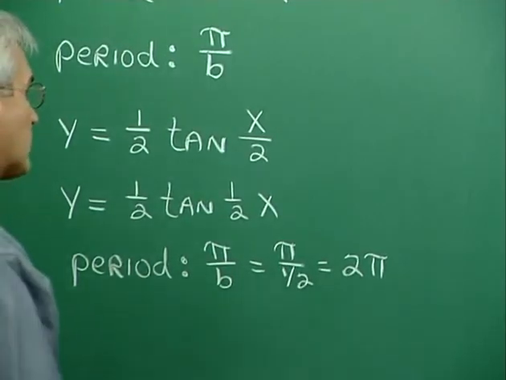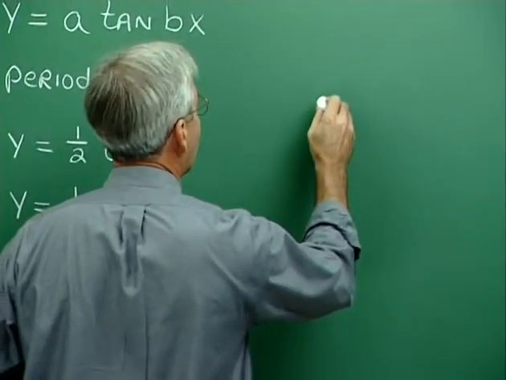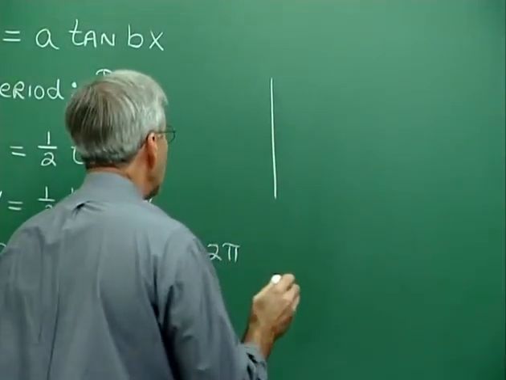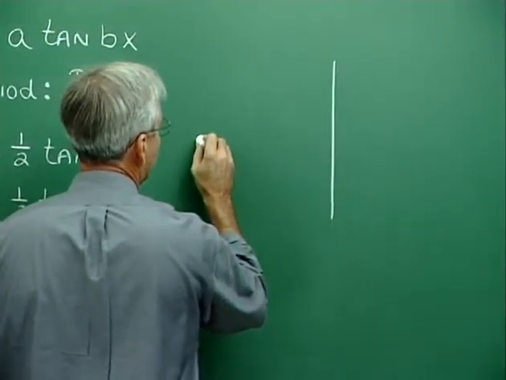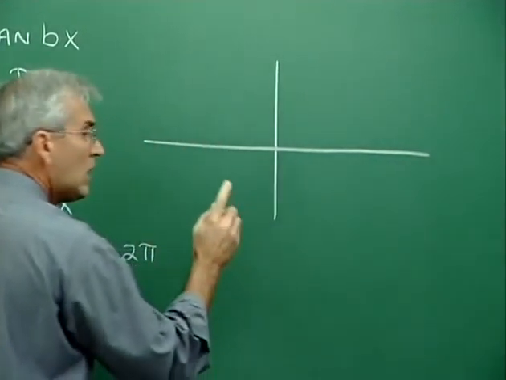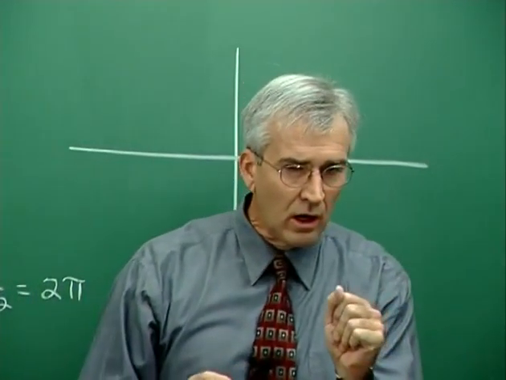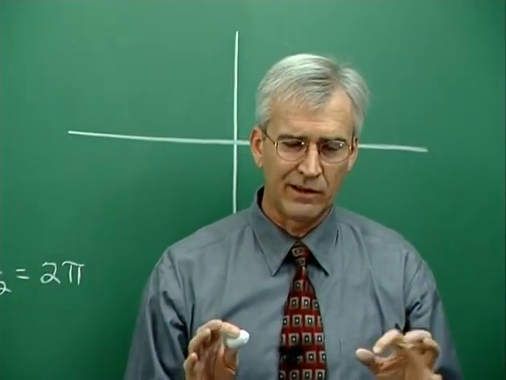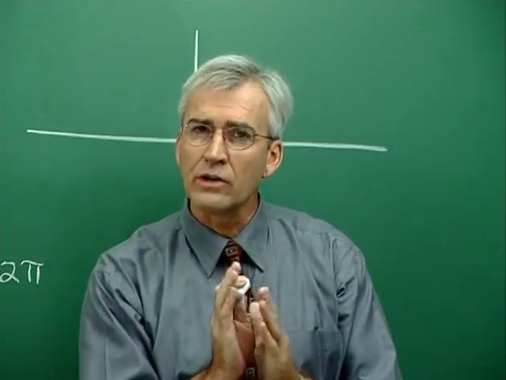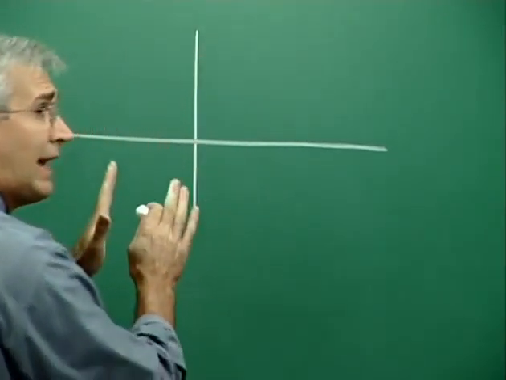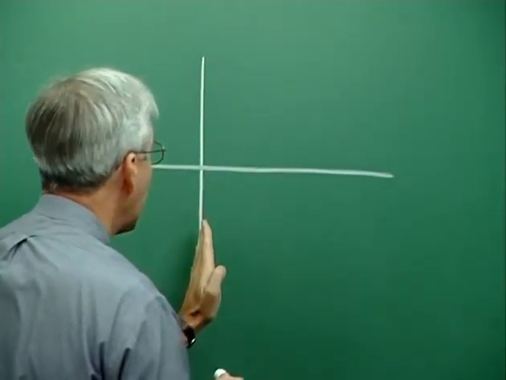Now here's how we would go about sketching the graph. If the period is 2 pi, and we know that the basic period, the one that we start our thinking with, straddles the origin, then we'll split that period of 2 pi into two parts right here at the origin.